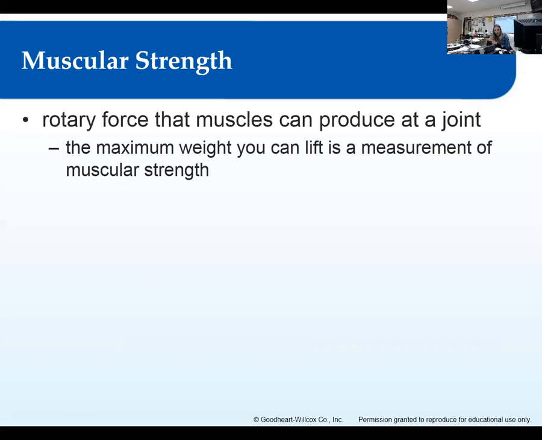So it says mechanical power is defined as force multiplied by velocity. So muscular power, specifically, is muscle force multiplied by muscle shortening velocity during contraction. So it's usually, again, several different muscles together.